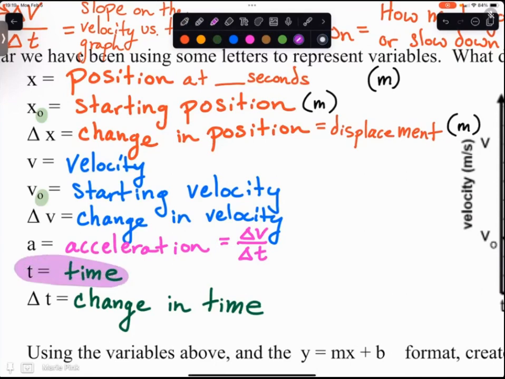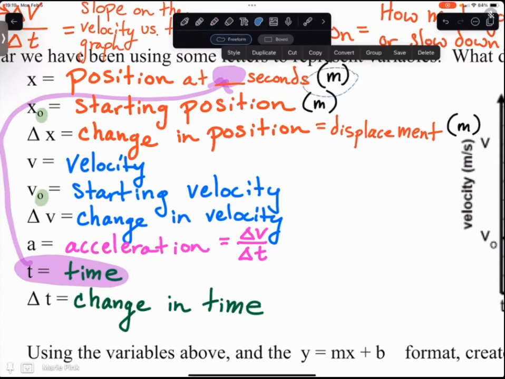So if I put in 2 seconds, then it's the position at 2 seconds. If I put in 3 seconds, it's the position at 3 seconds. If I put in 2 hours, then it's where is it at 2 hours?